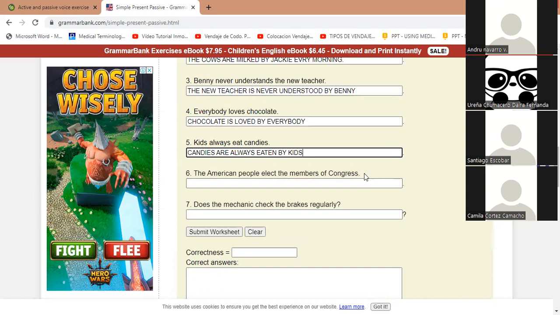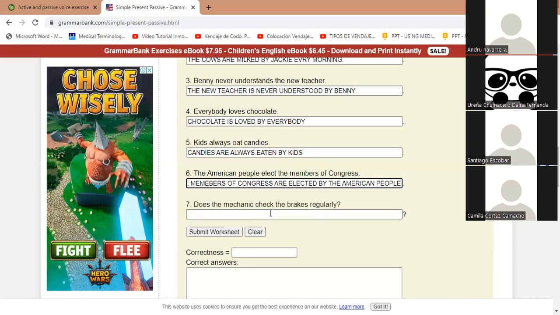Okay, sorry. The American people elect the members of Congress. Okay, good. And then you said the members of Congress are, is, or am? Are. Very good. So the members of Congress are, y el verbo, elected. Very good, are elected by the American people. Okay, very good. And do number 7.